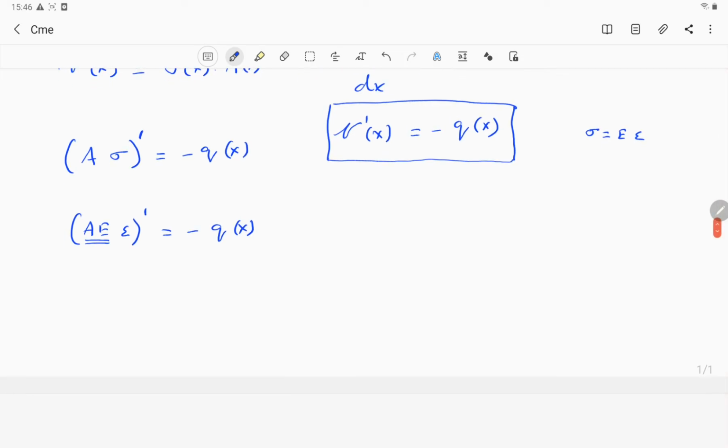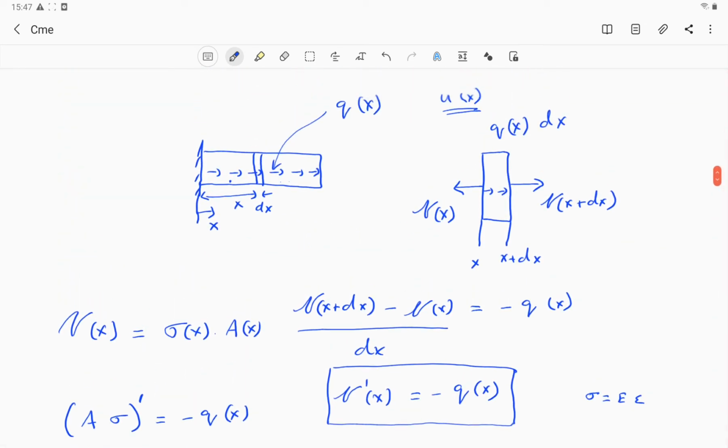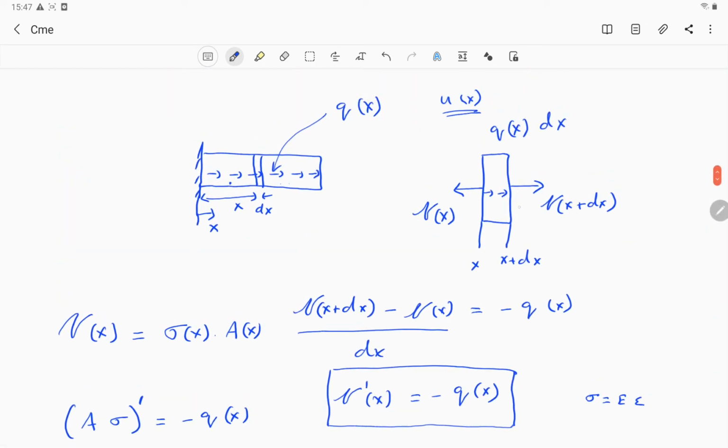Now what we are going to do is come up with the relation between epsilon, which is a strain, and the displacement. Once again for that we will look into this infinitesimal piece. In this infinitesimal piece, this face is moving a certain distance, that's u of x, where this section, which is at x plus dx, is moving some other distance, u of x plus dx.